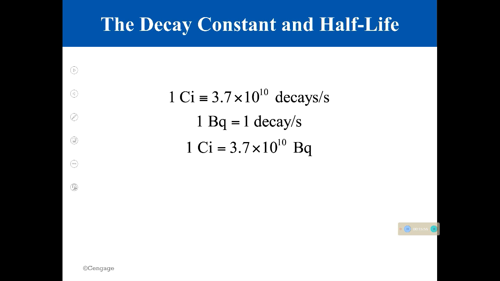All right. So these are just units of half-life. You will notice that a decay is actually not an SI unit. So technically speaking, what units do we have here? If decay is not an actual unit, what are the units on this? Hertz. Correct.